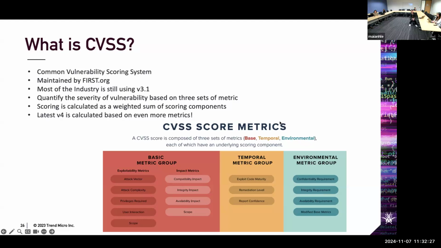I guess there are problems with CVSS. Again, it's not consistently applied, even though there are rule sets or guides on how to apply them. Not everyone is enforcing those rules properly or consistently. There's inherently a conflict of interest in assigning this score. Vendors have the incentive to downscore the vulnerability due to reporting issues.